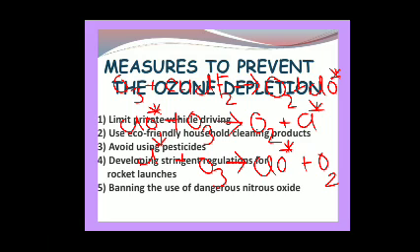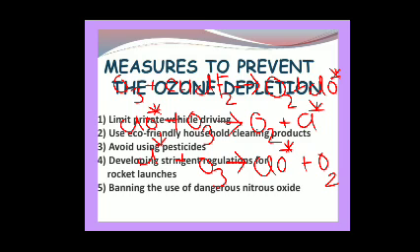The presence of ozone in the stratosphere is very significant because it acts as a protection from UV rays. It strongly absorbs UV rays, thereby protecting life on the earth from radiation damage.